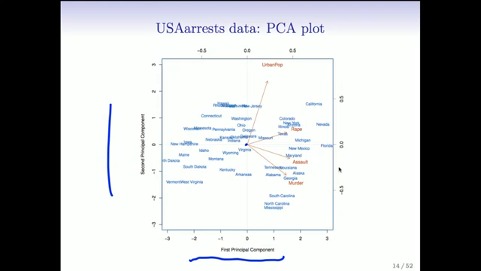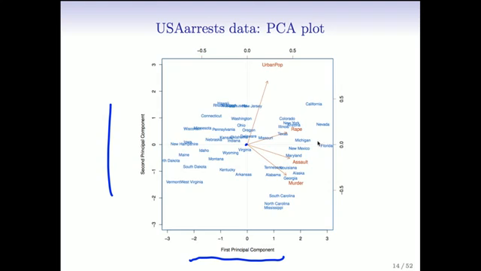And what we read from this is that the first principal component has large positive loadings on rape, assault, and murder. So all of the crimes have positive loadings on the first principal component. So that tells us that this direction on the positive side is loaded up on all 3 crimes, roughly about the same amount.